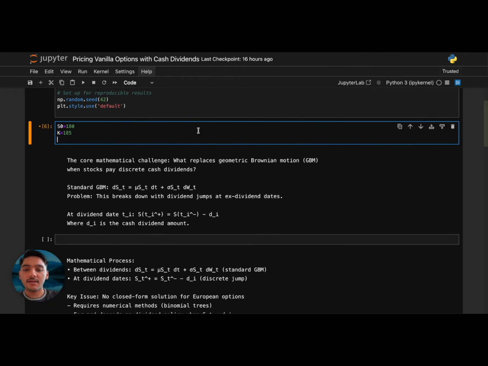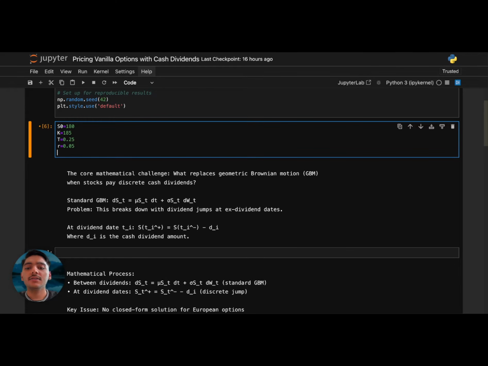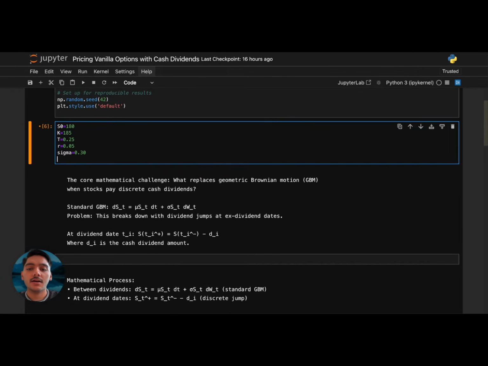Let's take the time to expiry T equal to 0.25 and the risk-free rate to be 0.05. For the typical tech stock volatility, sigma, let's take around 0.3.